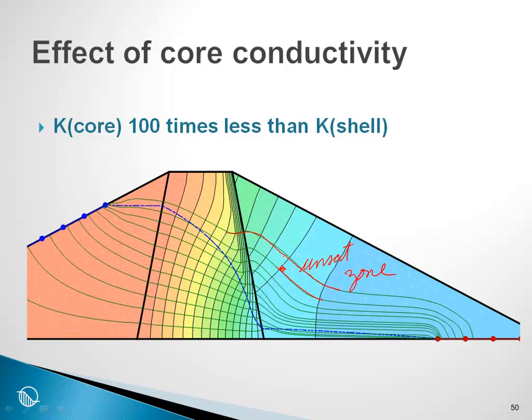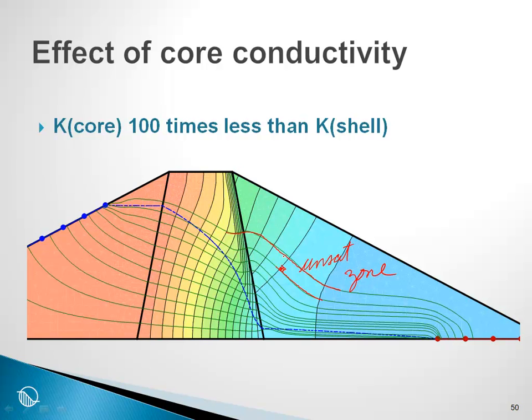But one of my reasons for bringing this up is that this illustrates why we do not concentrate on flow nets. It would be nearly impossible to create a flow net for a situation like this, and the reason for this is that the hydraulic conductivity is a function of pore pressure, and the pore pressure changes a lot, so every element in the negative pore pressure zone has a different conductivity.